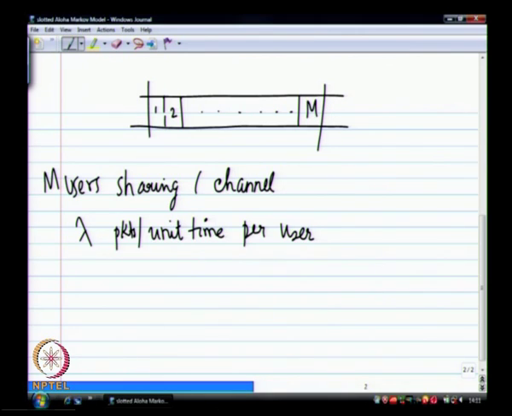So there are m slots, every user has his or her own slot. We saw this a couple of weeks ago or last week.